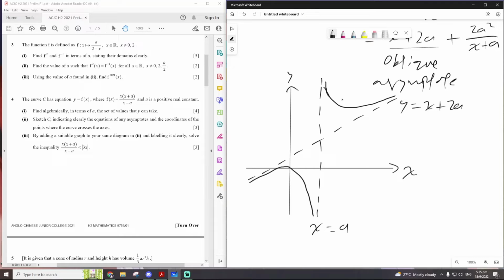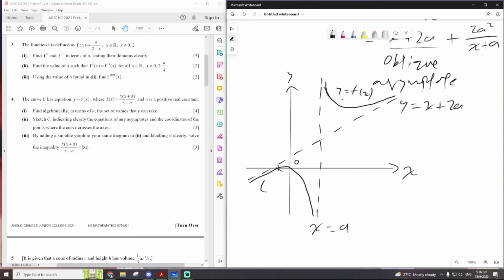Okay. And this is y equals f of x. This is the origin. And what is the intersection point? This is actually going to be negative a. So they say coordinates, right?